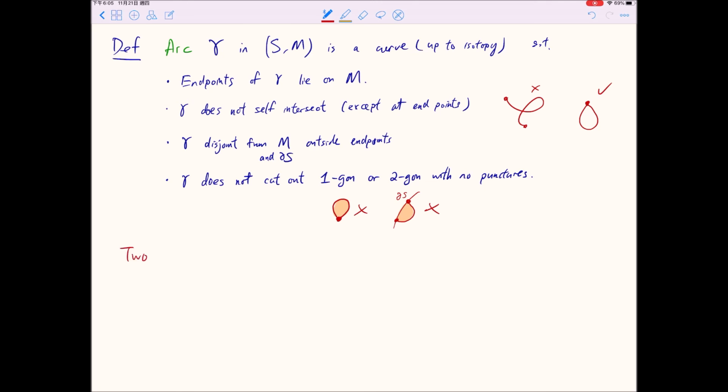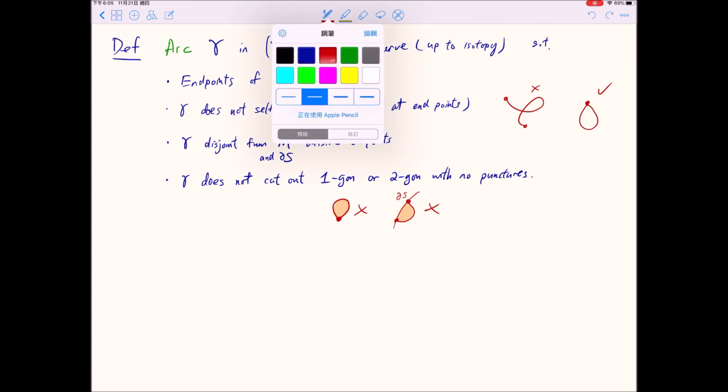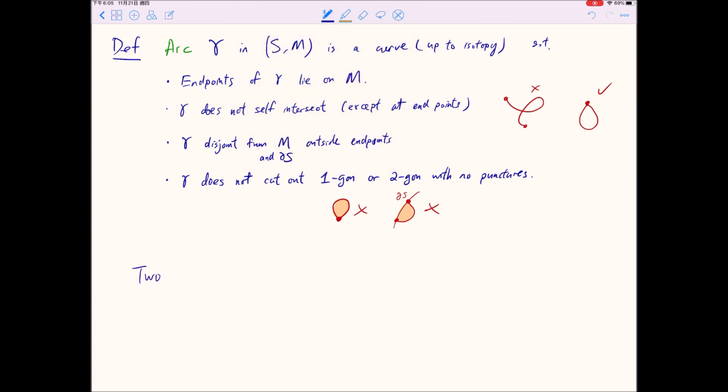So we say that two arcs are compatible if they do not intersect in the interior of your surface.